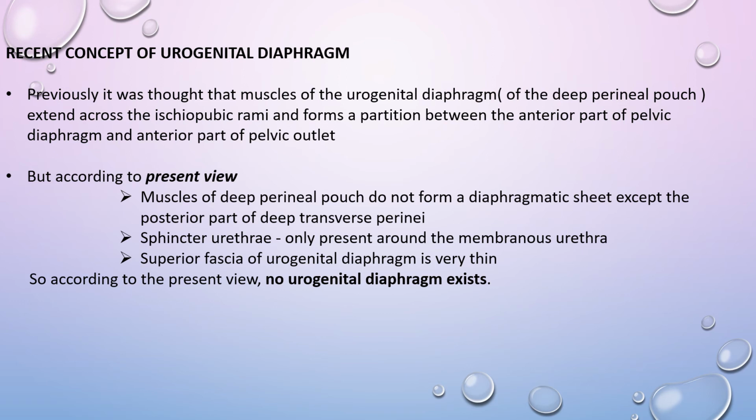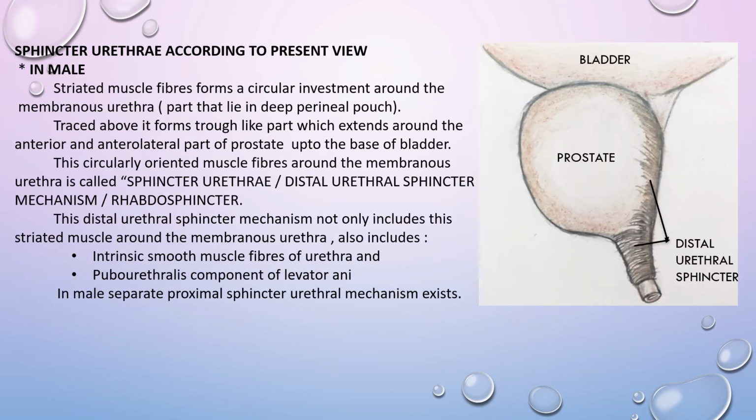So, because of these reasons, currently no urogenital diaphragm exists. So, according to present view, we are going to see the sphincter urethrae muscle in males and females separately.